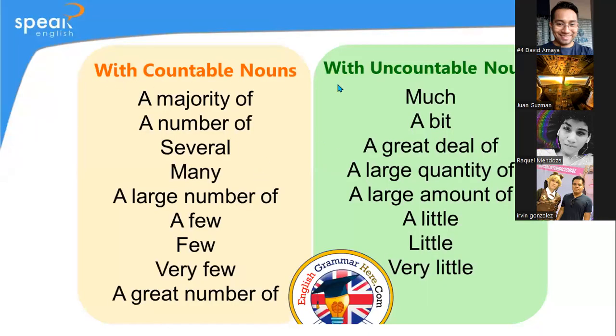So we also use a majority. Those are other quantifiers that we can use for countable nouns, and those are others that we can use for uncountable. If you want, you can take a screenshot and help me read, Raquel.